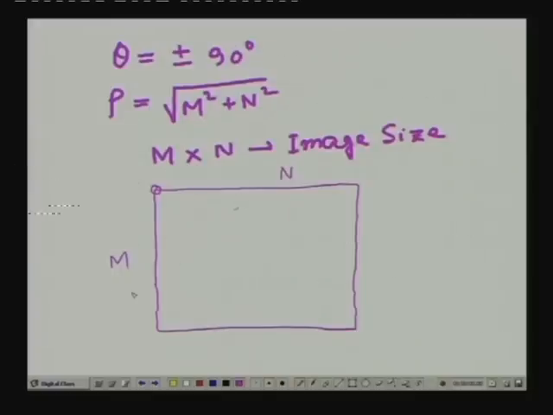And in this you can find that I cannot draw any straight line for which the value of theta will be beyond this range plus minus 90 degree, and the value of rho will go beyond plus minus square root of m square plus n square.